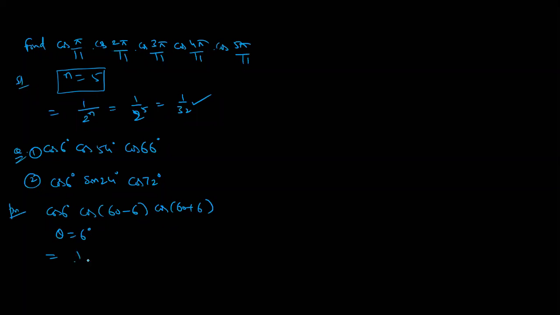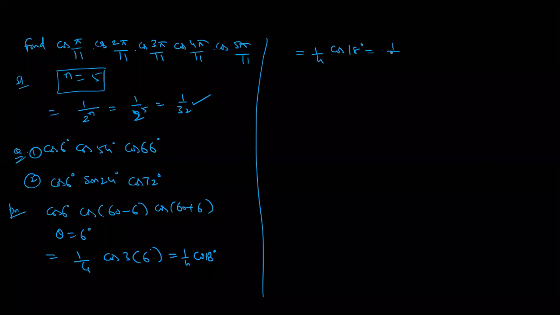So the answer is 1 by 4 cos 3 theta, that is cos 18 degrees. Now tell me, what is the value of cos 18 degrees? That is sin 72, that means root over 10 plus 2 root 5 by 4.